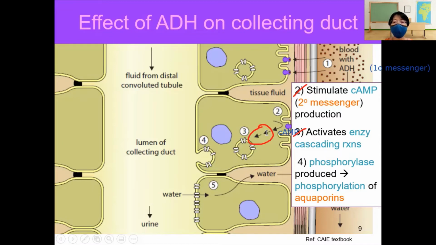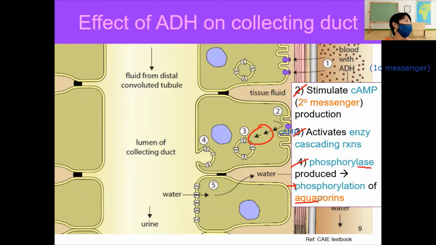So finally, in the last step of this series of reactions, phosphorylase enzyme will be produced. This enzyme will catalyze the phosphorylation of aquaporins. Okay, so what is aquaporins? Aqua stands for what?